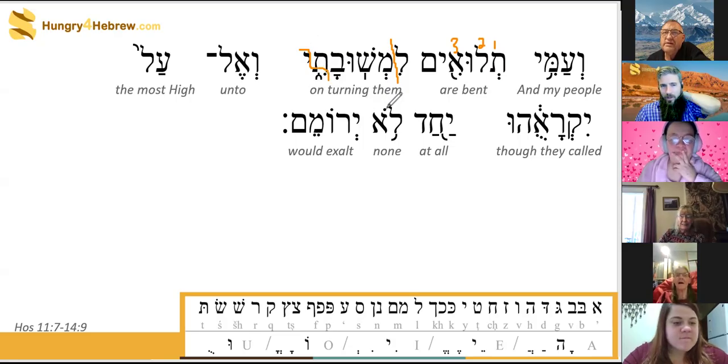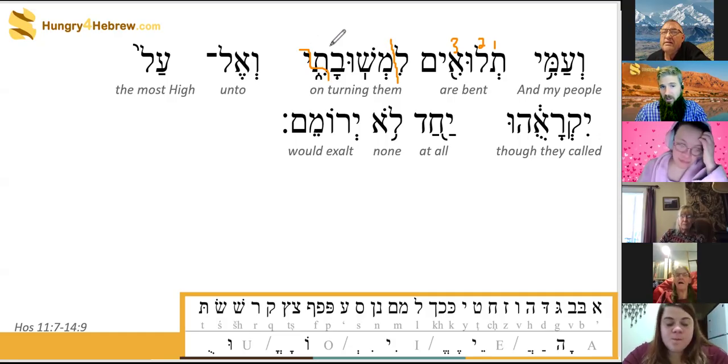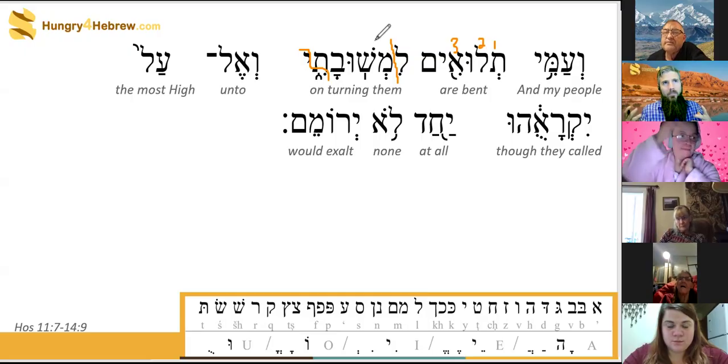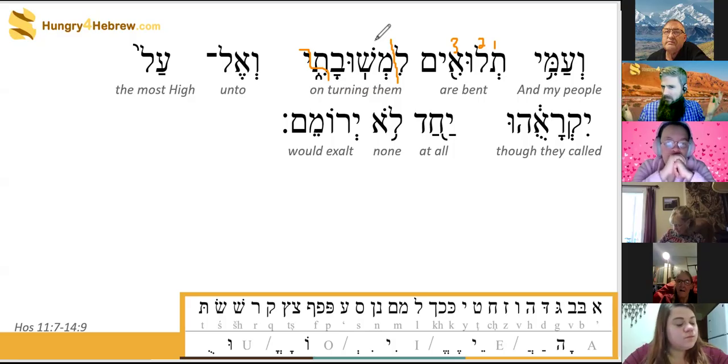I don't see the mine, like belonging to me, in the translation, but if this is meshuva, then that could be a feminine noun. Usually when you have a mem at the front and a hey at the end, it's a location. So like, they are bent on my turning around, my repentance.